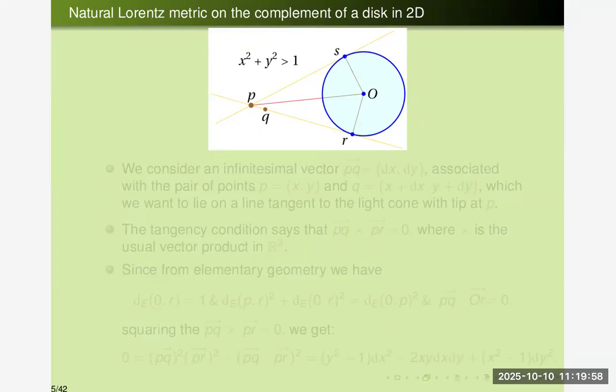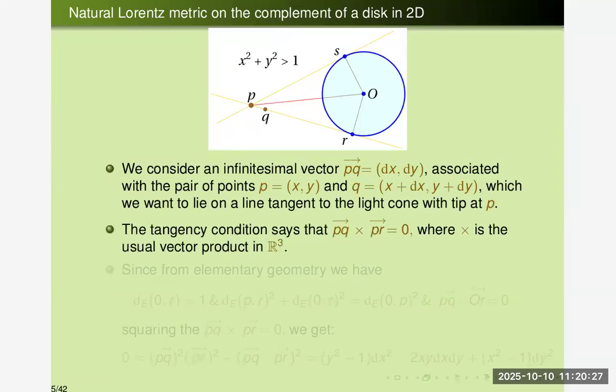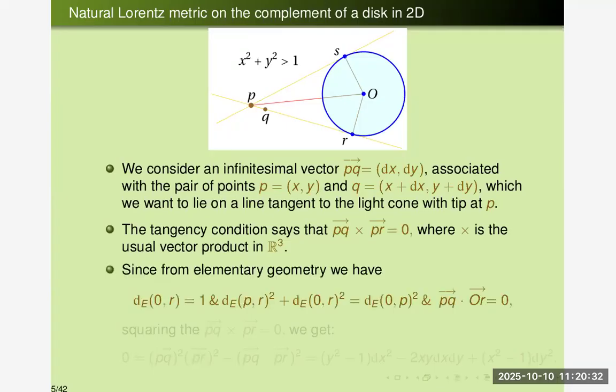So I want to see what a null vector is here. This null vector will be just the vector PQ, okay? So there is a point P with coordinates x, y, and there is a point Q with coordinates x plus delta x and y plus delta y. Now a simple geometric fact is that this vector PQ is parallel to vector PR, so we can write this relation here, and we can make other observations.